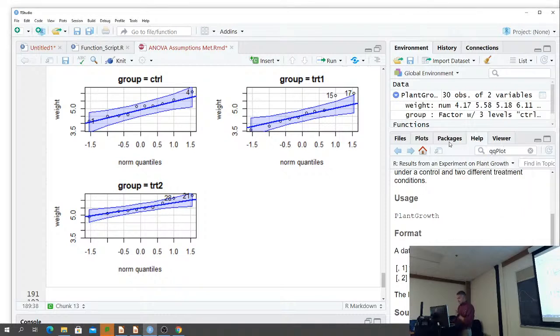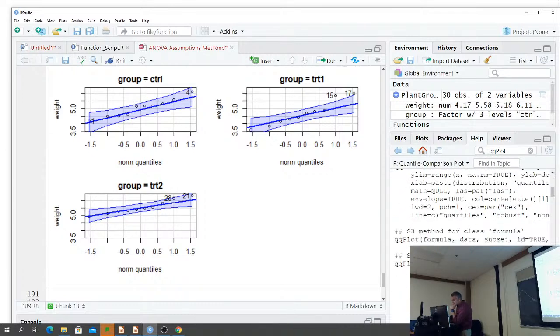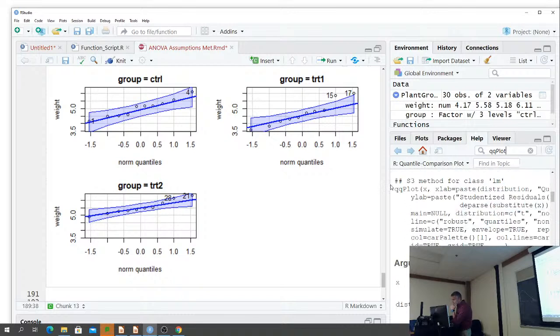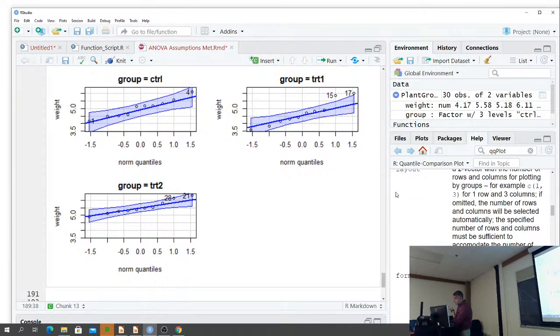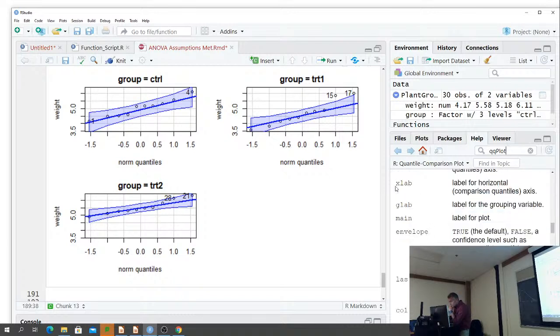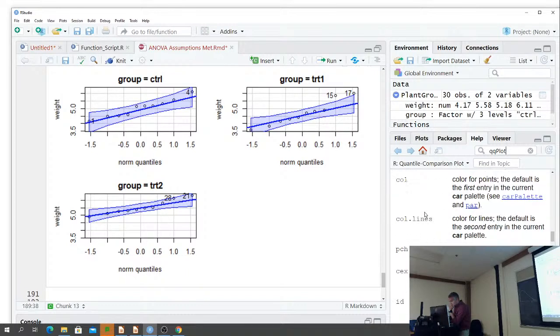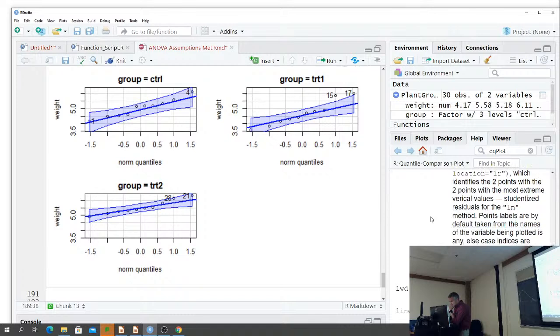We'll look up QQ plot. There should be a shading option here. Layout. We can change the layout if you wanted to, and I've done that before. Color for points, color for lines.